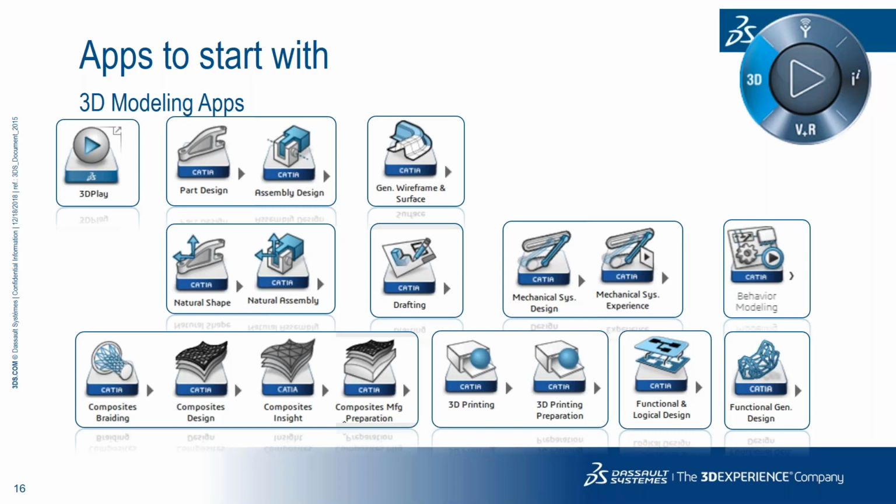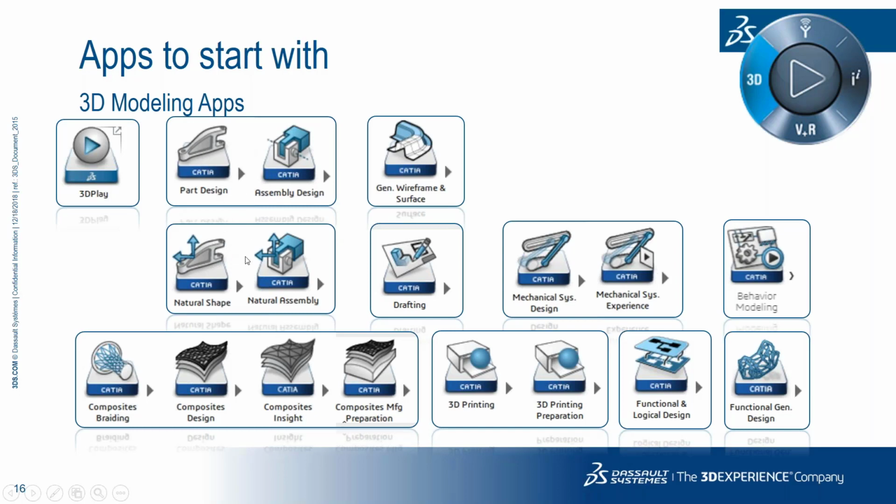And so in the 3D section, you will see the app and the widget 3D Play, part design and assembly design. If you're not familiar with CATIA, there is another way to design in 3D, which is natural shape and natural assembly that you can use. And they're not mutually exclusive, meaning you can switch anytime from one to the other one, and so on.